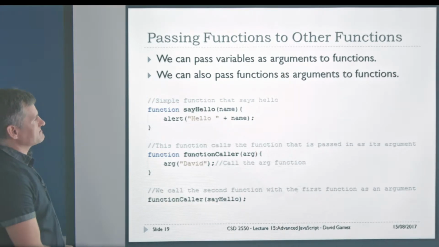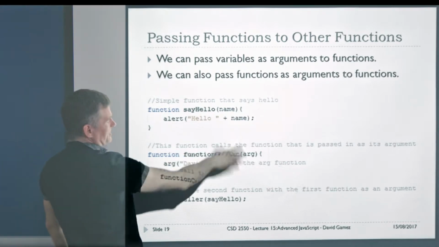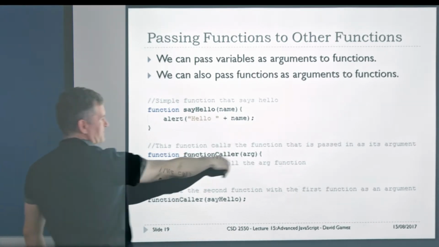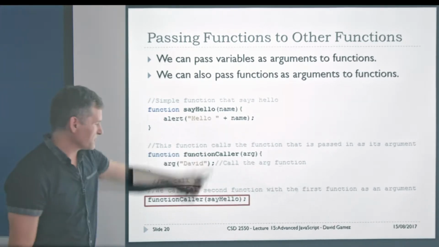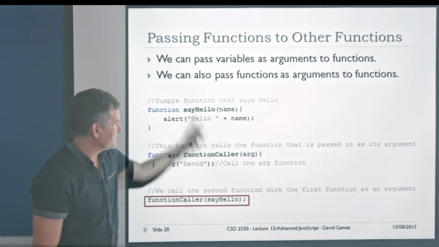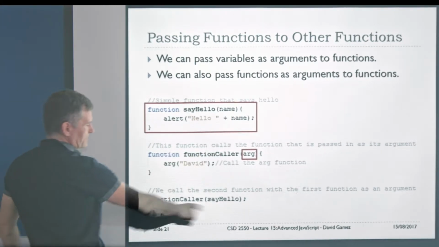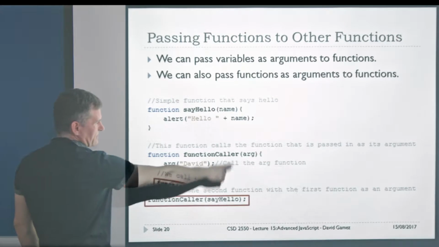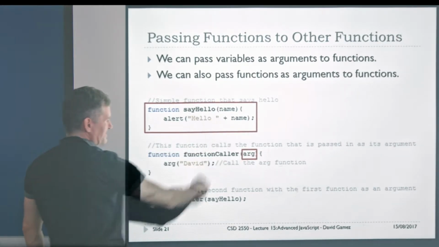So here we have a standard function here, and then we have another function that I've just called function caller, and this function caller has an argument here. So when I call this function caller, I can pass this function as an argument into this function. So here, when I'm calling this, I'm passing say hello in, and that means that this function here is being passed as the argument into this function.